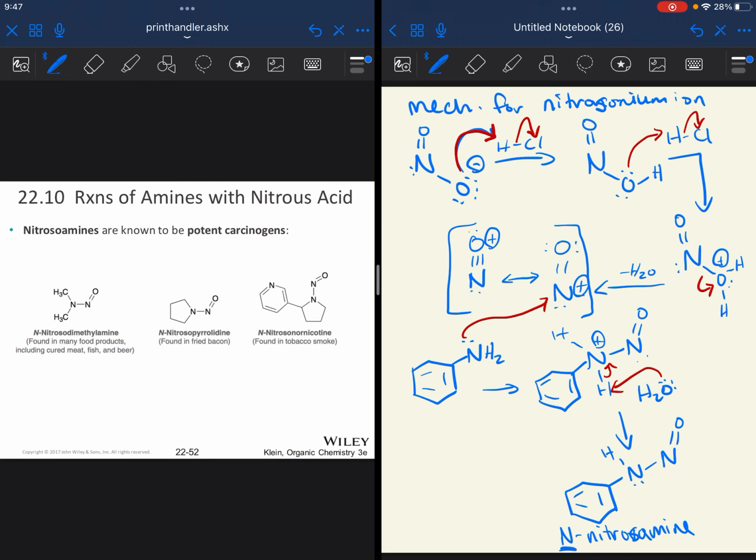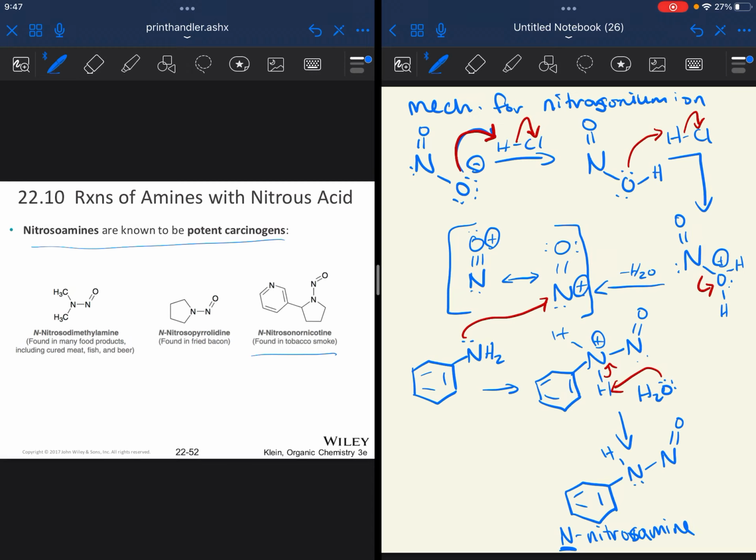You get like a little break in the mechanism in the slides here to let you know they are potent carcinogens. You have this nitrosamine in tobacco smoke. We know that smoking cigarettes has correlations and ties to different cancers, especially lung cancer.